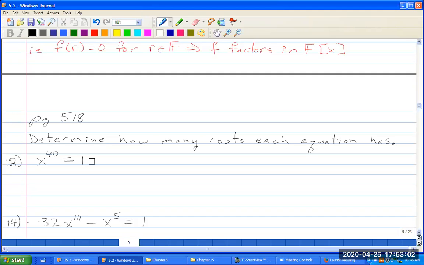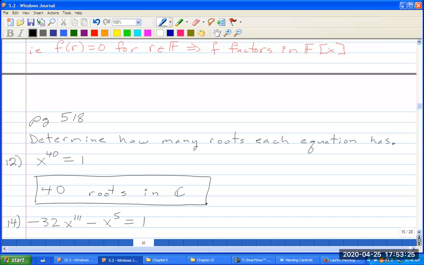So in this case, there'll be 40 roots in the complex field. So if I'm only talking about the complex field, then I know that there are 40 roots.